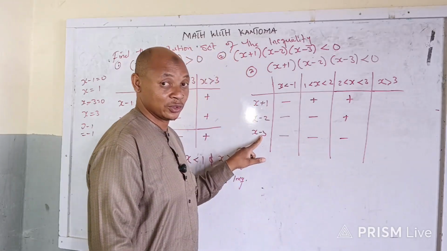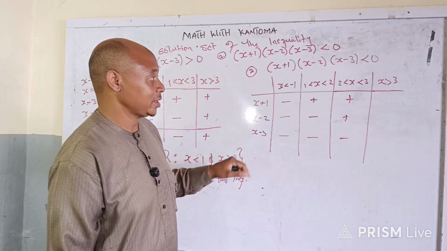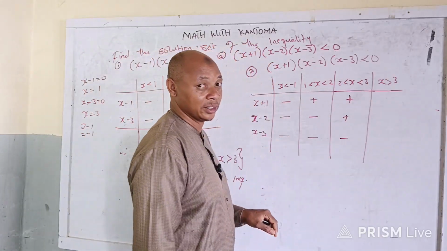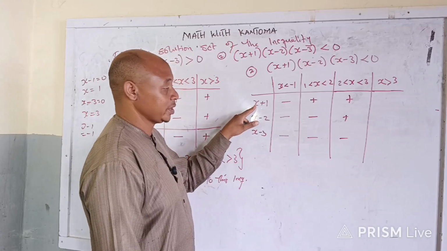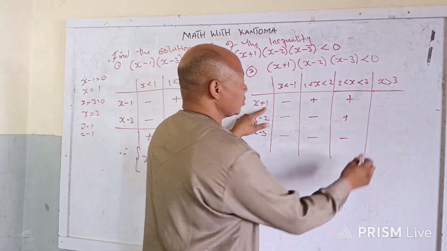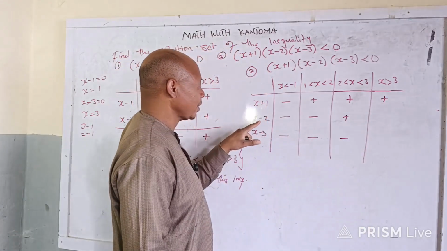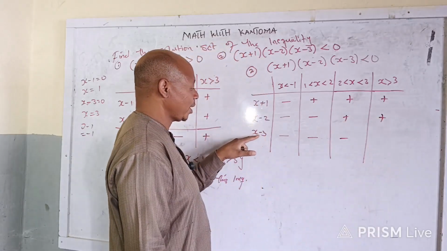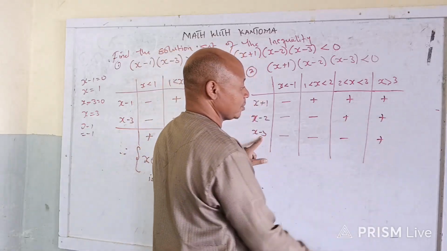You're going to have minus 0.5. So it is negative on this axis. Then the next is x greater than 3. Any number greater than 3. Let's say 4 is greater than 3. Put 4 here. 4 plus 1 is 5. So it is positive here. 4 minus 2 is 2. So it is also positive. 4 minus 3 is 1. So it is also positive here.